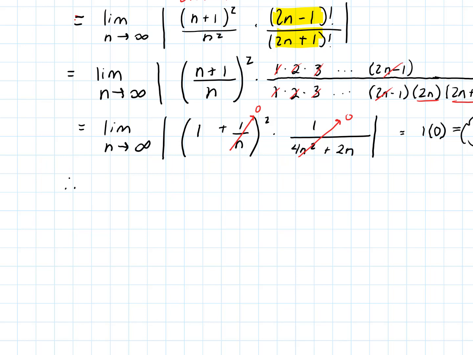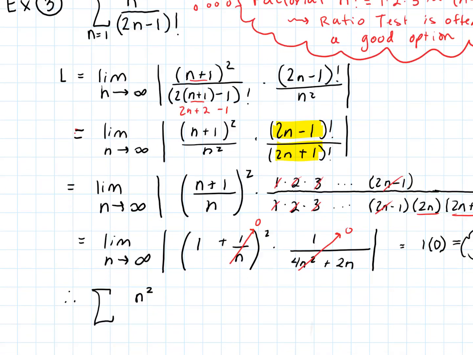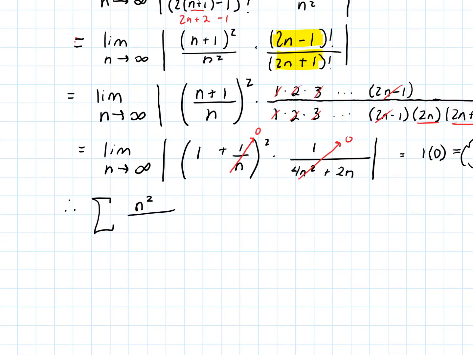So therefore, the series that we were looking at, n squared over 2n minus 1 factorial from n equals 1 to infinity, converges absolutely. Remember that the ratio test gives us absolute convergence.